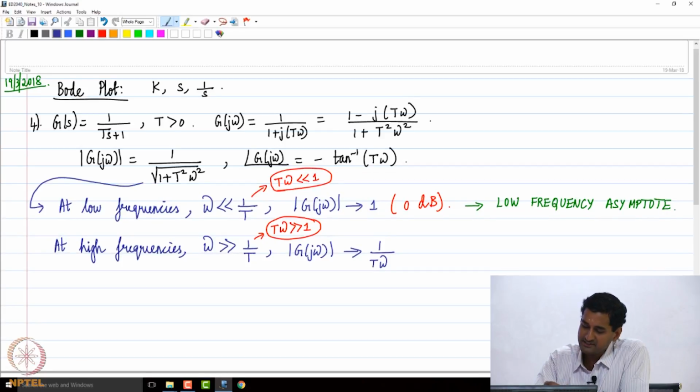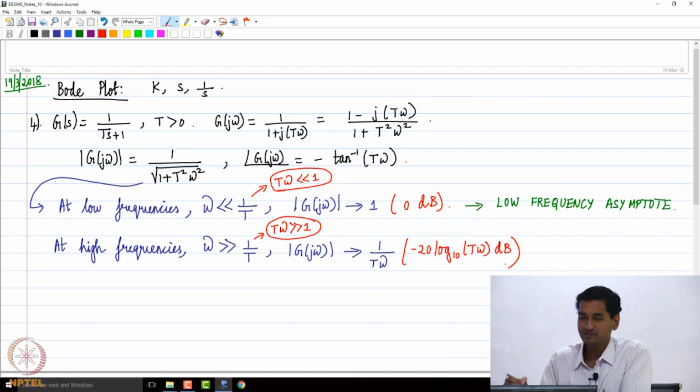Or in decibel measures, it's going to be minus 20 log to the base 10 of T omega decibels, right? Because you take logarithm to the base 10, you will get minus log 10 of T omega and multiply by 20, okay? That's how you get this measure, right? So this is the value to which the magnitude will tend at high frequencies, right?